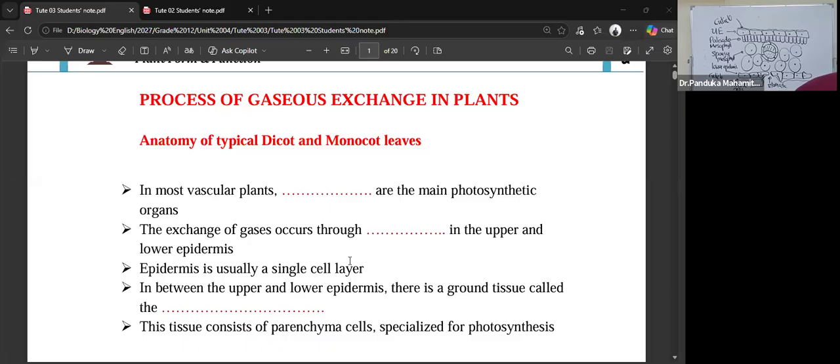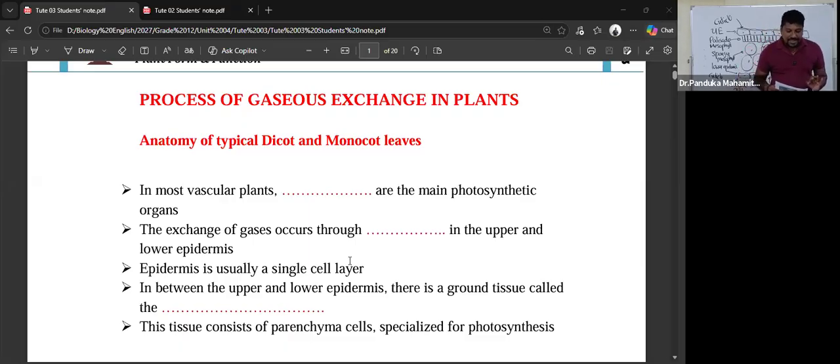So, the process of gas exchange in plants, anatomy of typical dicot and monocot leaves. In most vascular plants, leaves are the main photosynthetic organs. The exchange of gases occurs through stomata in the upper and lower epidermis.